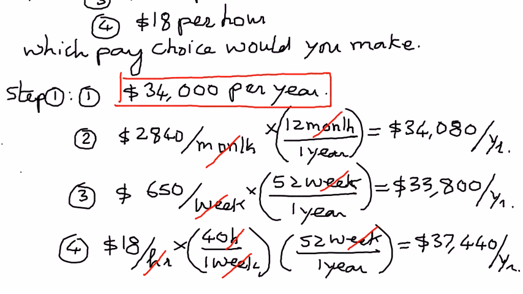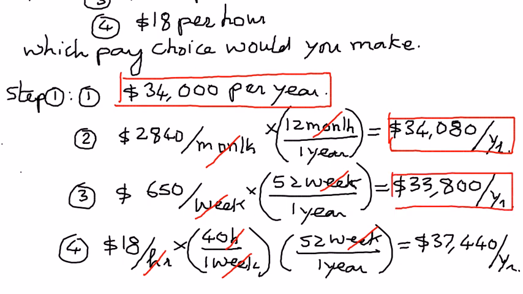We need to now look at these numbers and make a decision. The first choice was $34,000 per year. Is that number greater than 34,080? That is the result of getting paid $2,840 per month. Or the result of $650 per week is a translation of $33,800 per year, or $18 per hour, which translates to $37,440 per year.